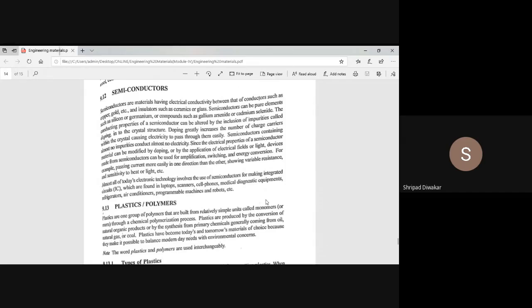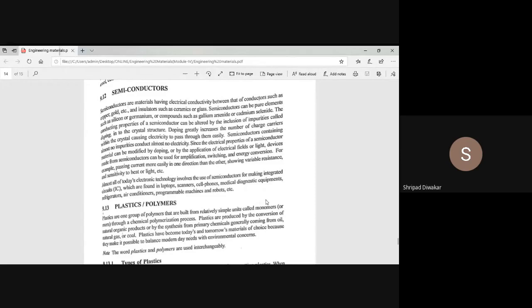Then what is a semiconducting material? Here electrical conductivity is very high in the case of conducting material. The conductivity is very low in the case of insulator, so the value of electrical conductivity lies in between conductors and insulator in the case of semiconductors.